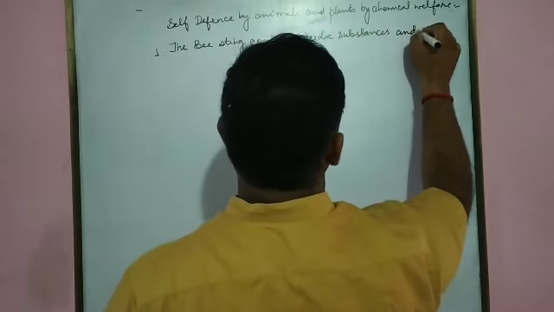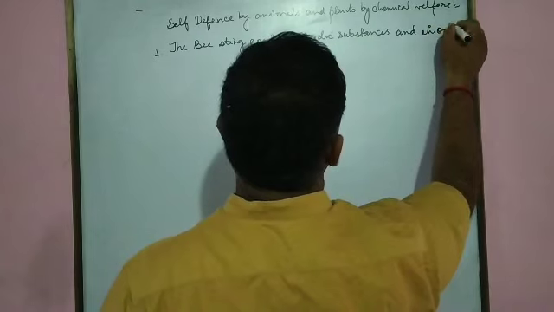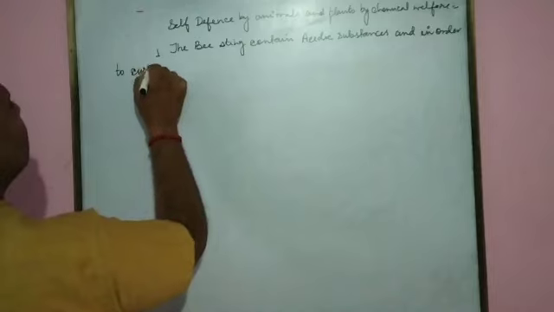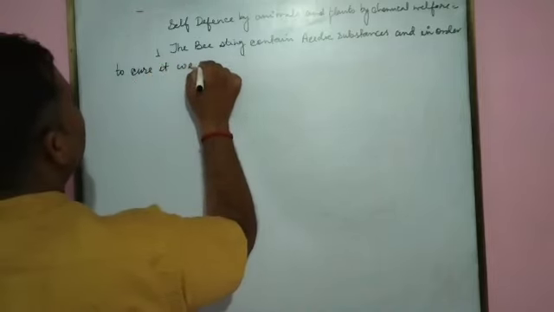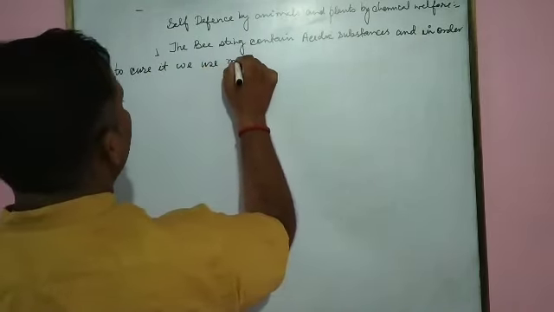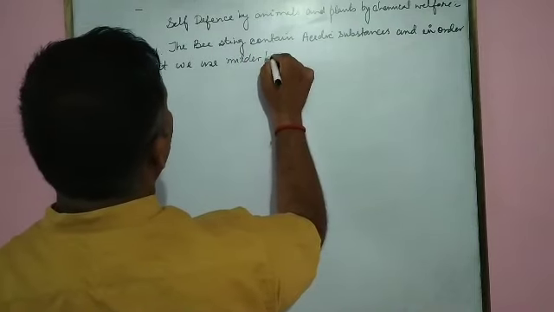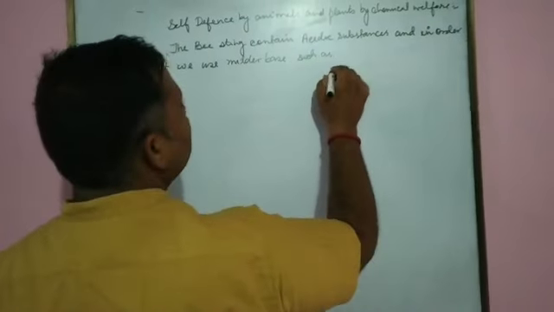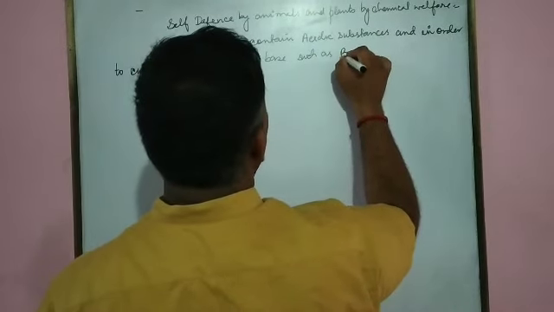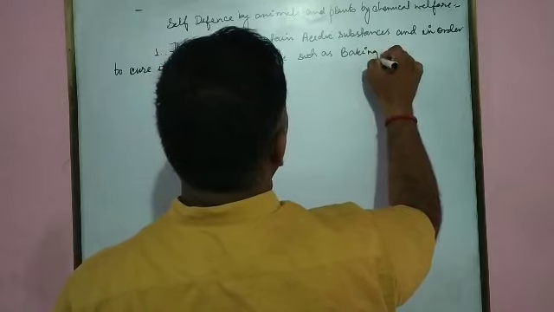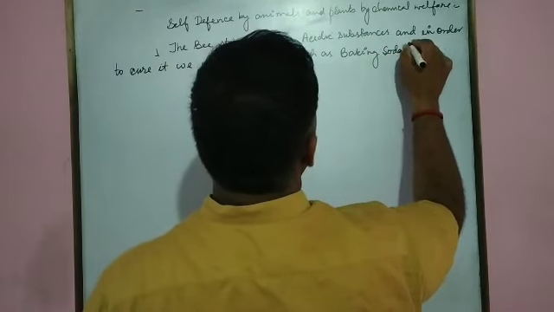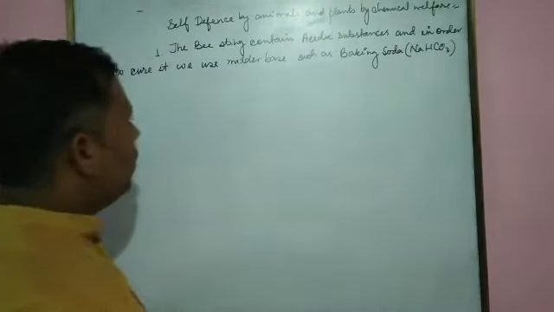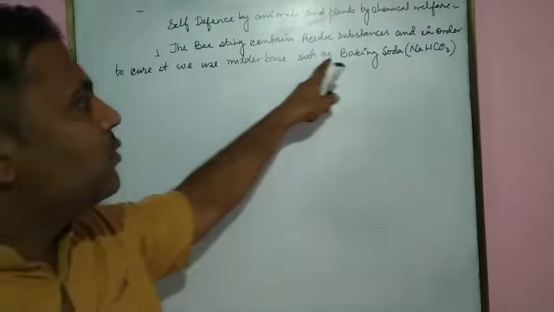And in order to cure it, we use a milder base such as baking soda, that is NaHCO3. To treat bee sting, we use baking soda.